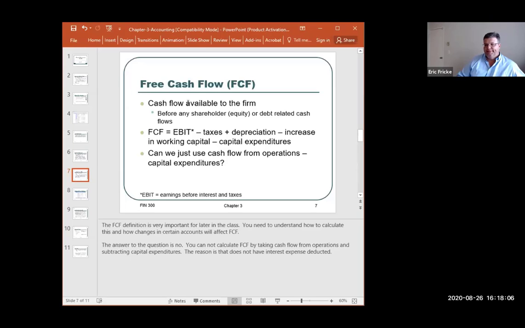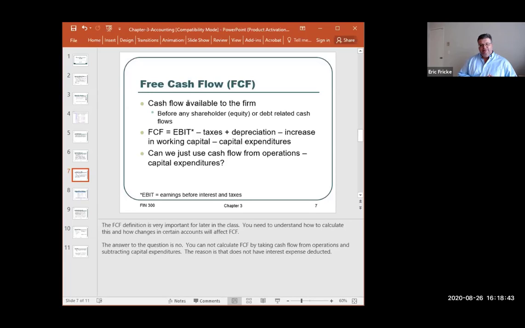Okay, now in finance, we do have a little bit of our own calculation for something called free cash flows. And it's a little bit different than what you see in the financial statements. It's because we take into account not only cash flows, but also capital expenditure, taxes, depreciation, all that, but we do not include financing.